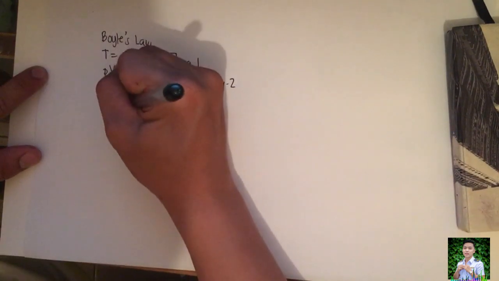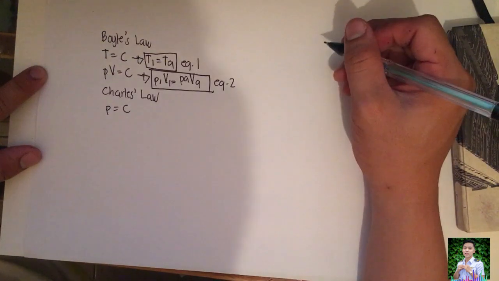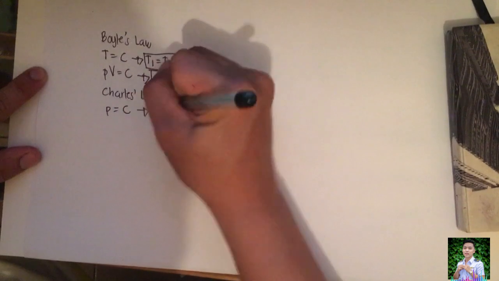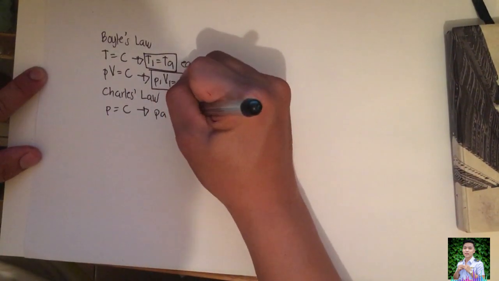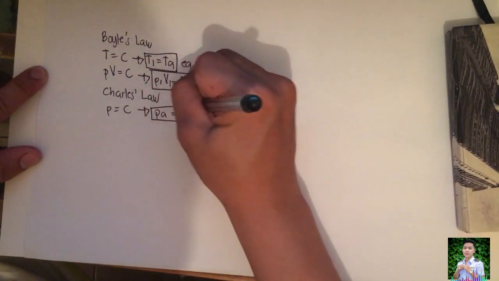So we put P is equal to C. That means PA is equal to P2. And this will be our third equation.